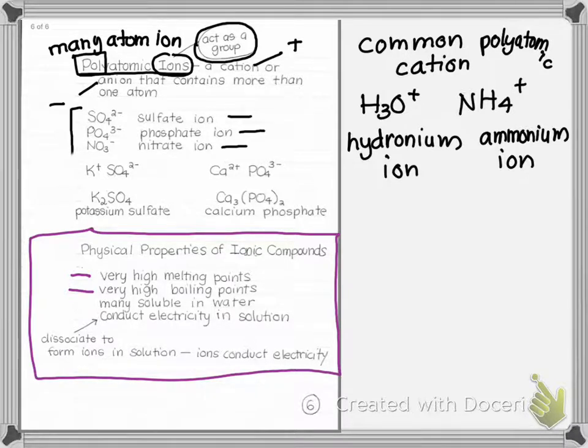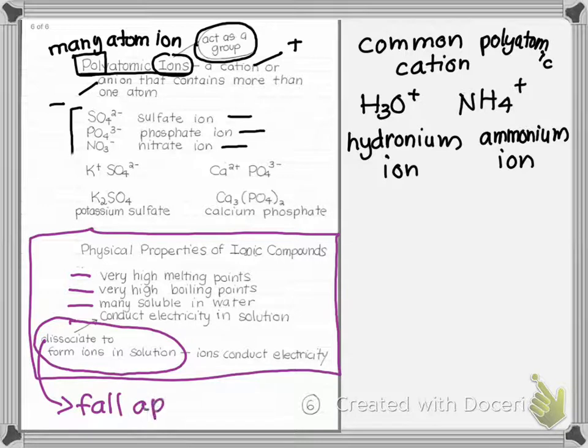Now, a lot of them are soluble in water, and what's really cool is when they're soluble in water, they will dissociate, and dissociate is a word that means they fall apart. So it falls apart into ions, and those ions, remember, are plus and negative charge, and the ions will conduct electricity.